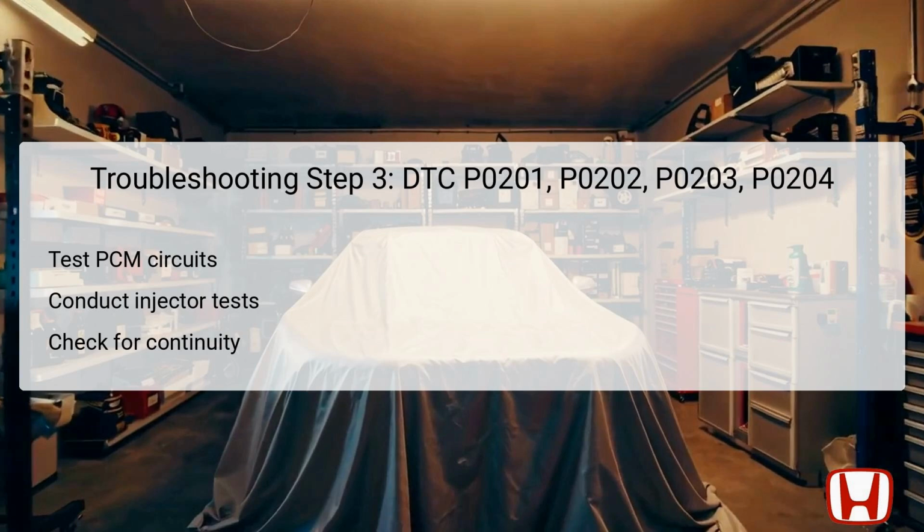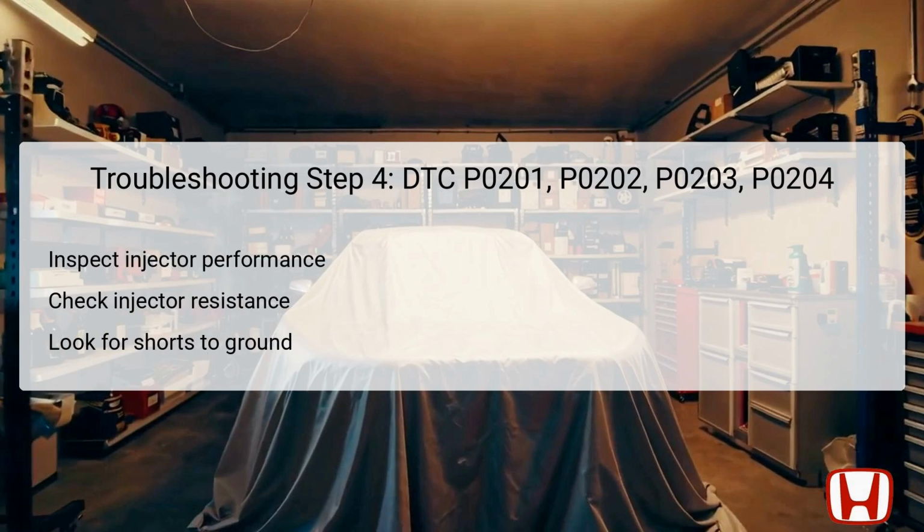Checking for continuity helps identify any breaks or shorts in the wiring, which would contribute to injector circuit malfunctions. If issues are found during these tests, action can be taken to resolve them, whether that involves repairing wiring or replacing defective injectors.